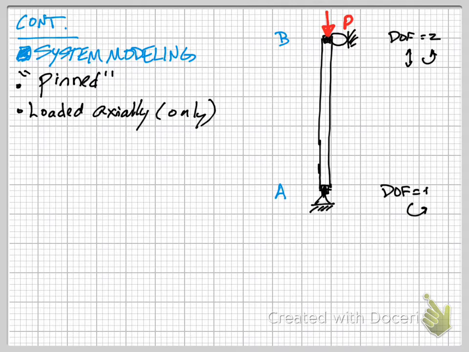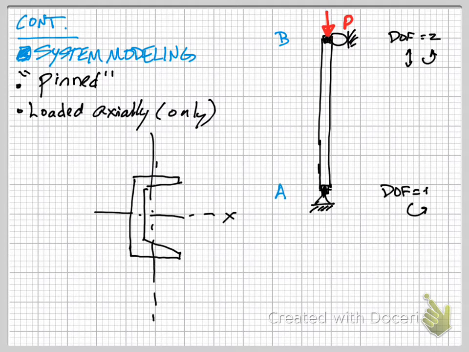And finally, I want to go ahead and look at how this column is oriented in our model. If a channel section generally has a section like this, and if this is the way that it's oriented, with an X direction and a Y direction, then I'm going to go ahead and say that this is the plan view of this column.